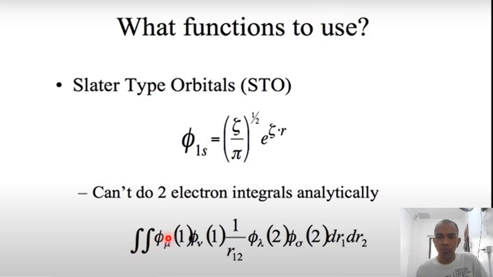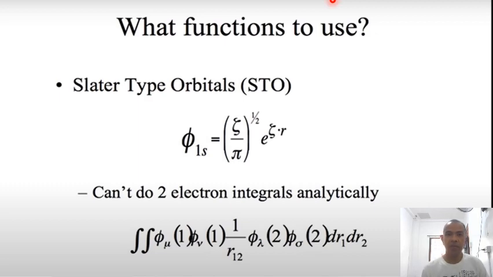Mu would be at one position in space, nu at another position in space, lambda yet another, sigma yet a fourth. The problem is there's no analytical way to solve this integral. No one has ever figured out a way to write down a function of the exponents and nuclear positions that would give the value of the integral.